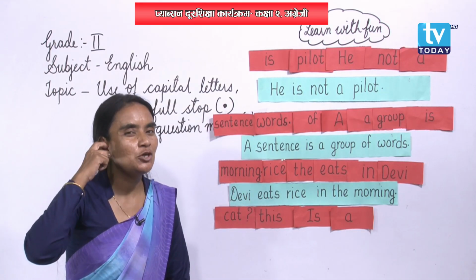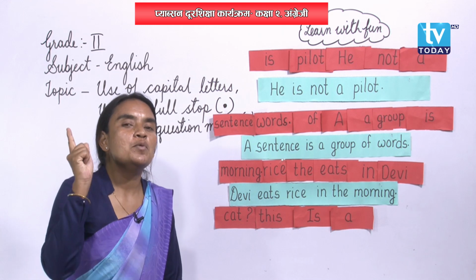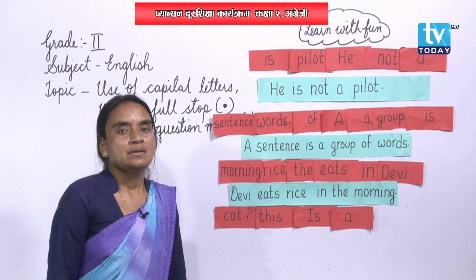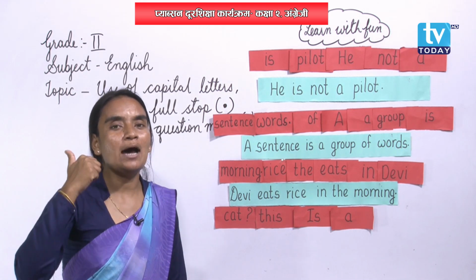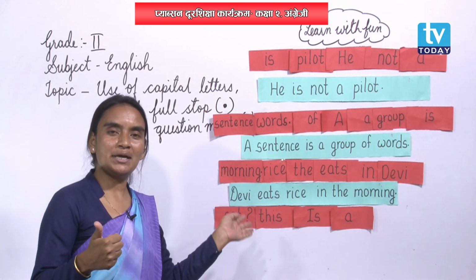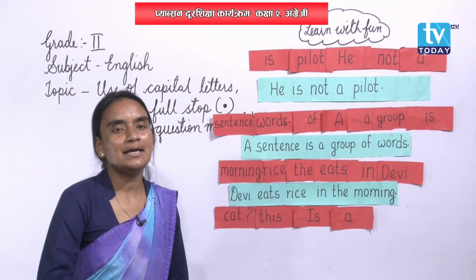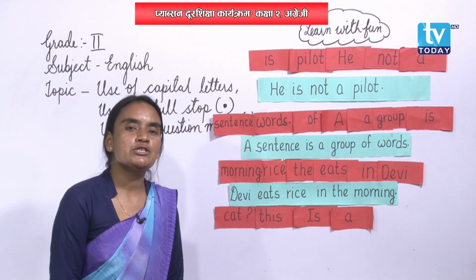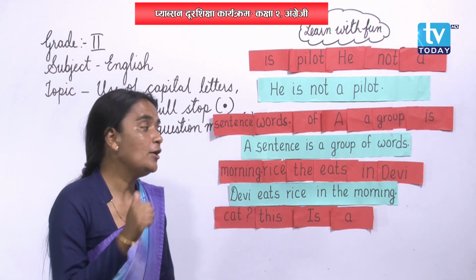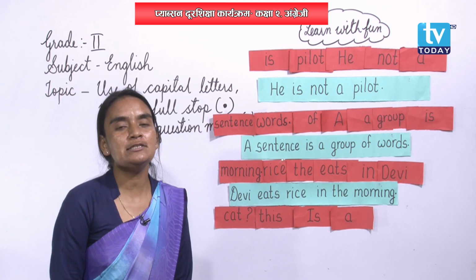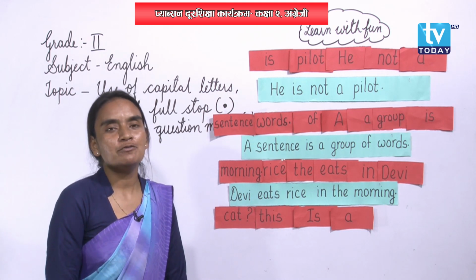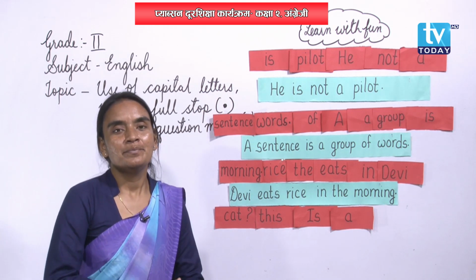Now remember children, I will give you one more instruction. Just now we talked about capital letters in the beginning, full stop at the end. Now dear children, we will be going for one more group of words where we will be trying for question marks.